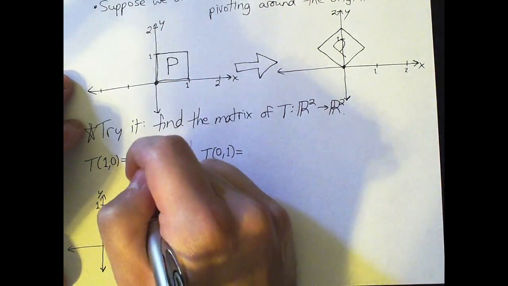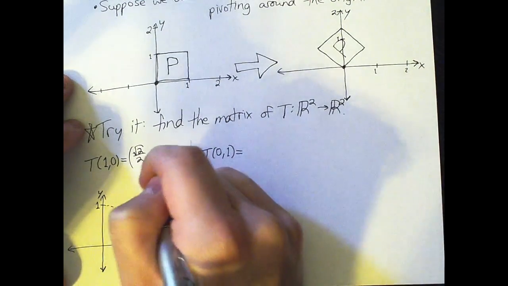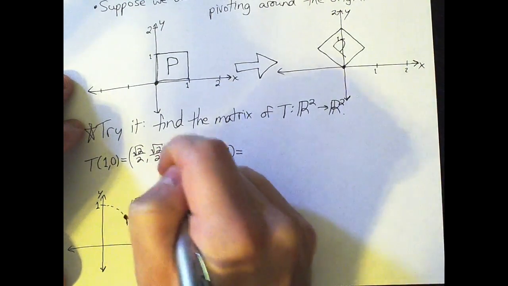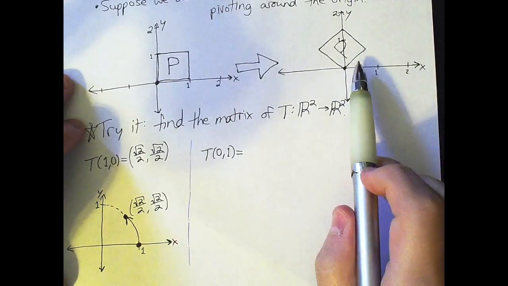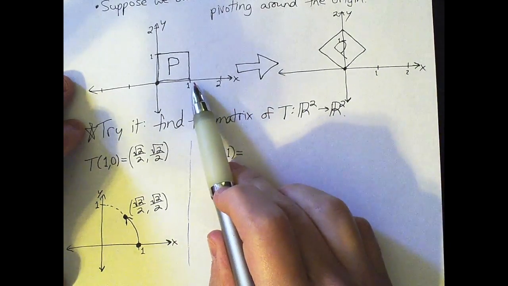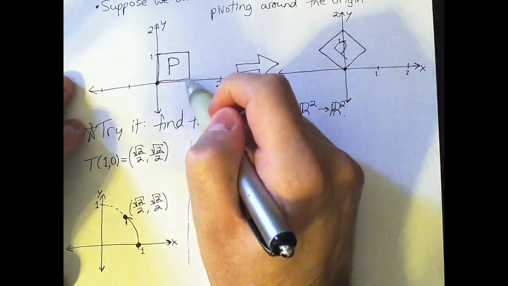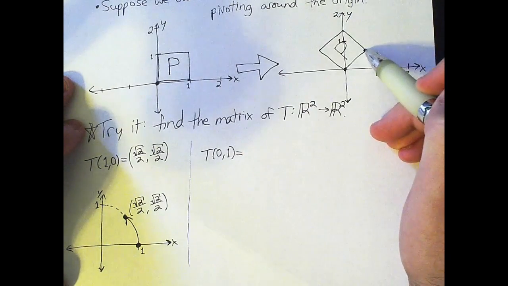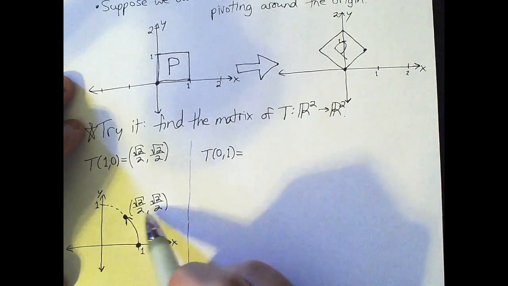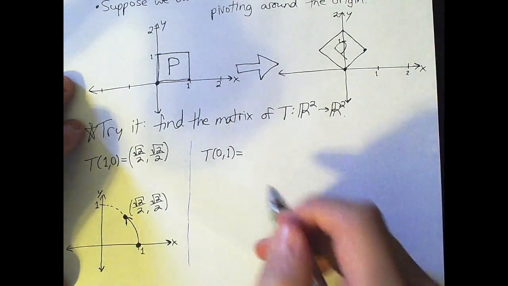So yeah, that's going to be the destination point. That's what this should get mapped to. Look back at the picture up here. Can you see that we had the point 1, 0 as one of the corners of my square? And look where it wound up. It wound up floating around right here. And yeah, that's the point square root of 2 over 2, comma, square root of 2 over 2.